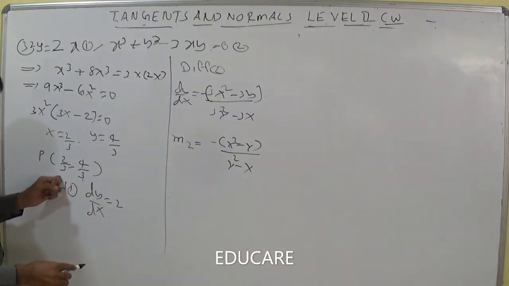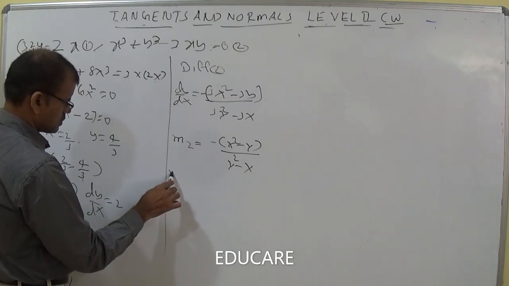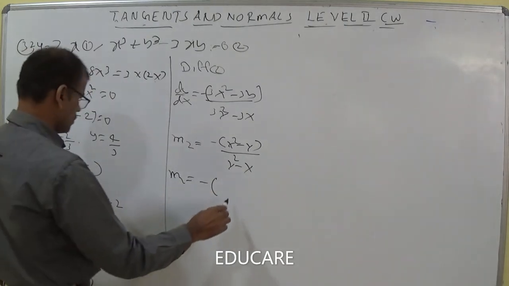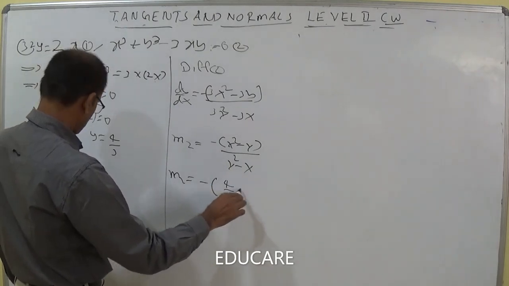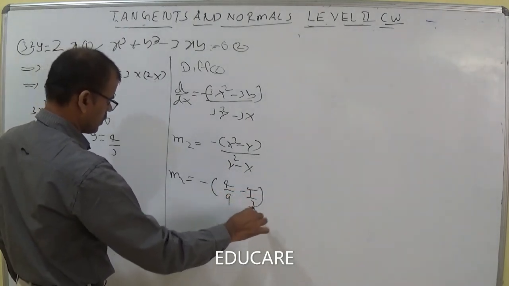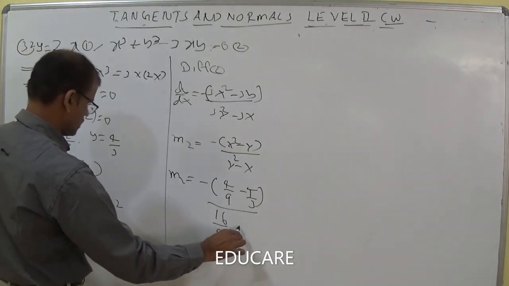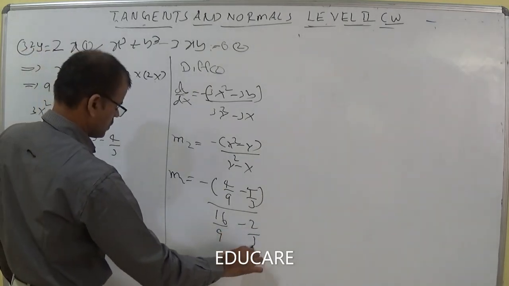Substitute the values 2 by 3 and 4 by 3. So m2 is minus of (2 by 3) whole square, 4 by 9, minus 4 by 3, whole by (4 by 3) whole square, meaning 16 by 9, minus 2 by 3.